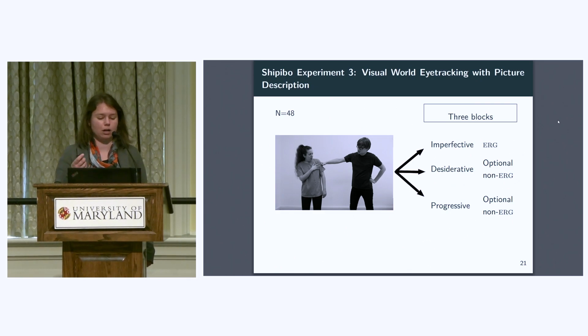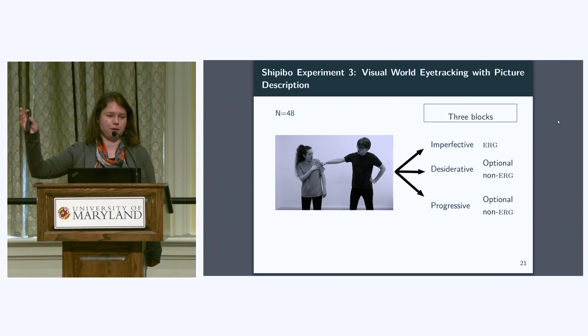So now we're going to draw on some results from a visual world eye tracking experiment that we did with picture description. There's actually many other things going on with this experiment, but we're just going to look at a small piece of it. We gave participants these images that we took ourselves of agents either acting on animate or inanimate patients.